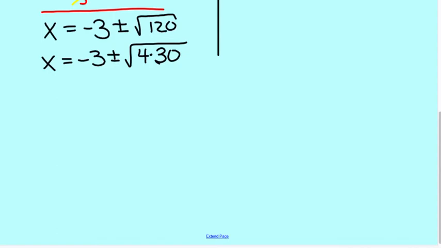And then this square root of 4 becomes a 2. And then this 30 stays underneath. And our final answer is x equals negative 3 plus or minus 2 square roots of 30.